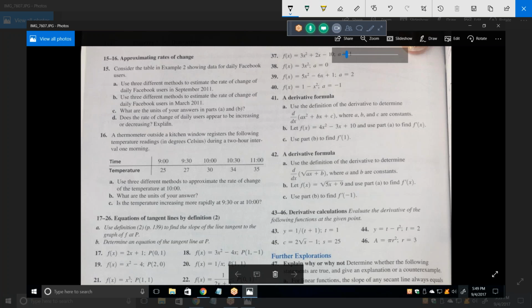All right, let's start by doing it the easy way. What's the easy way? If that is our function, what's the derivative of it? It would be 2ax plus b.